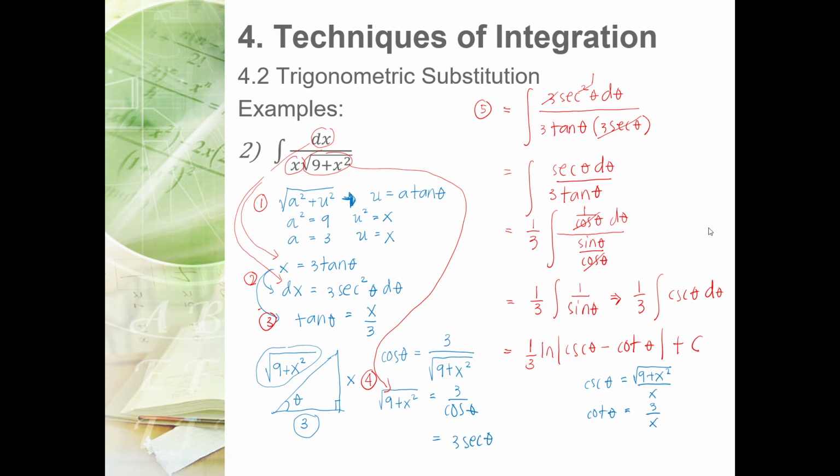Since there's no space now, I'm going to simplify it directly. So 1/3 ln of the square root of 9 plus x squared minus 3, all over x. Since both have the same denominator, I can just group together the numerator, right? Plus c. So this would be the final answer. This is the sixth step.